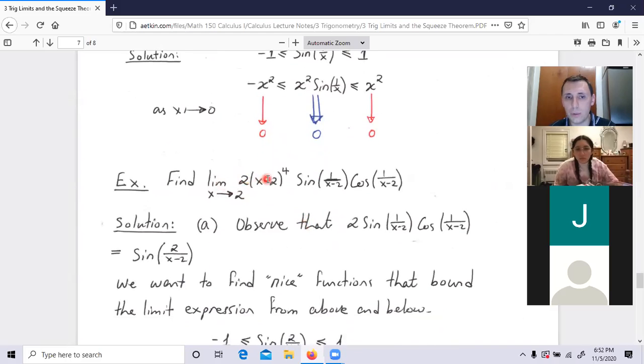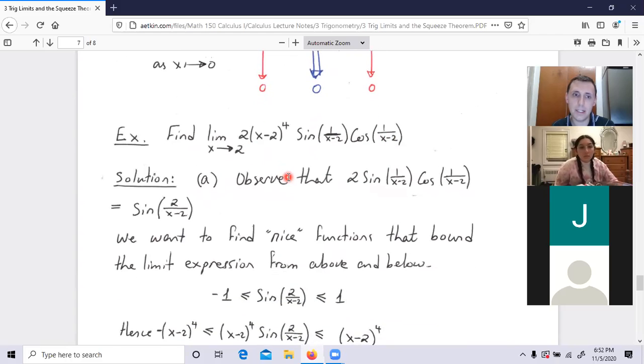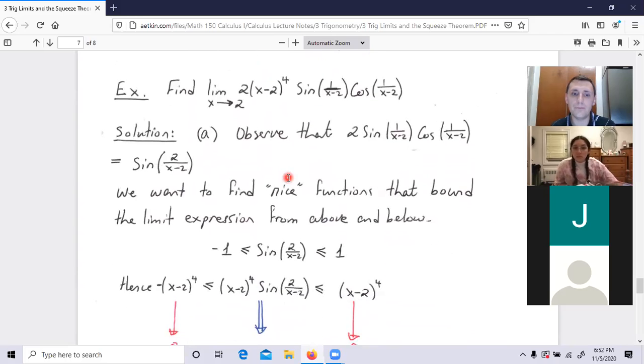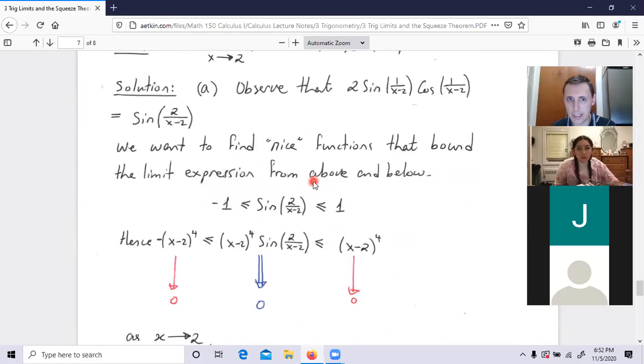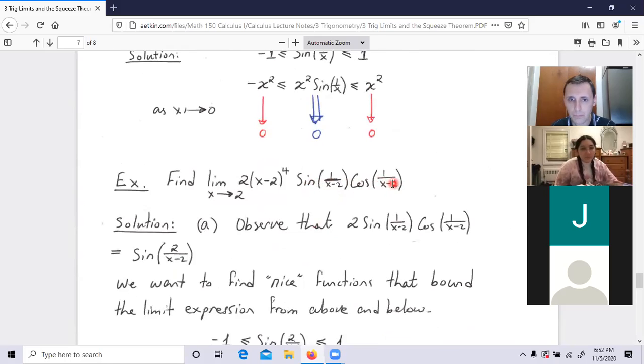Now here is another example of how the squeeze theorem works. We have 2 times (x minus 2) to the 4th, times sine of 1 over (x minus 2), cosine of 1 over (x minus 2), and x goes to 2. I can squeeze: sine times cosine is still some number between 1 and -1. So this entire expression is between -1 and 1, and the expression I multiply by goes to 0.